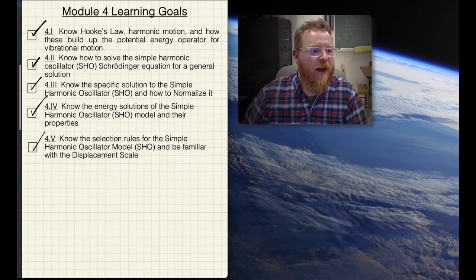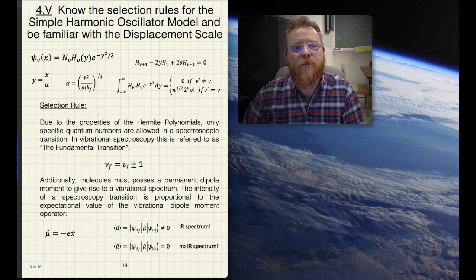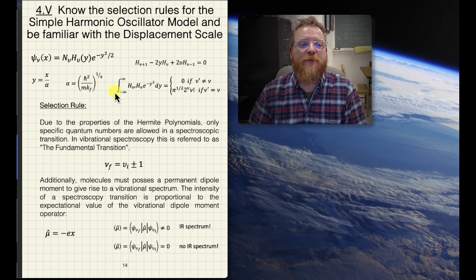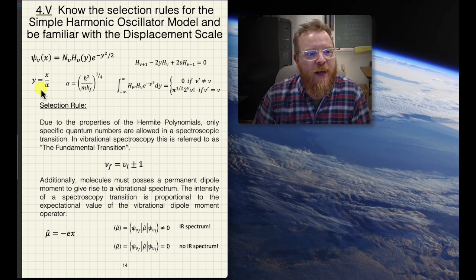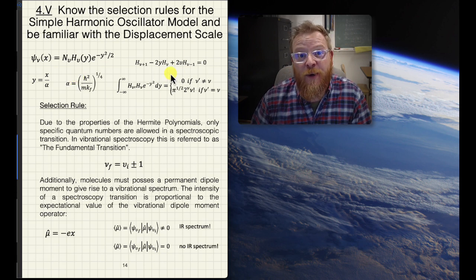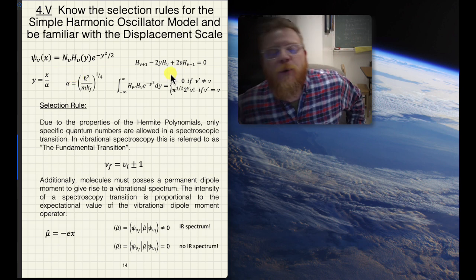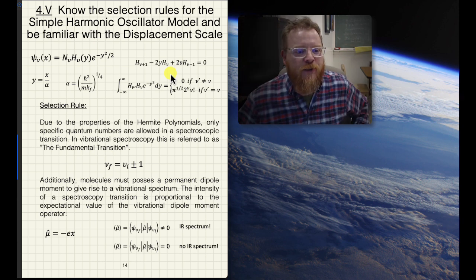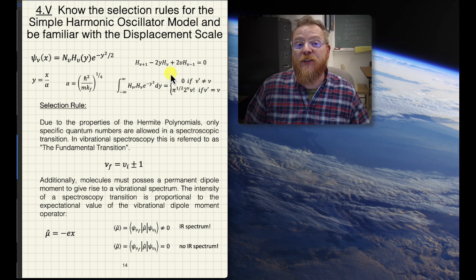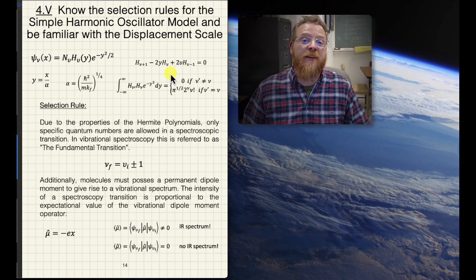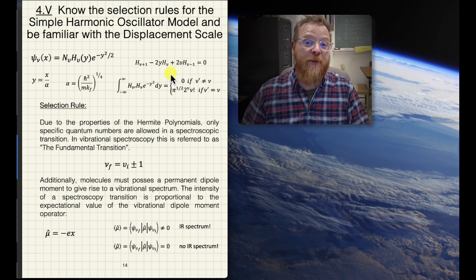So let's do it. So we have all of this stuff here that we came up with. Our specific solution to the wave function, our displacement scale, and the properties of the Hermite polynomials. So something that happens in these solutions as we go through the math, and as it turns out, those solutions in the math manifest into a realistic physical observation.